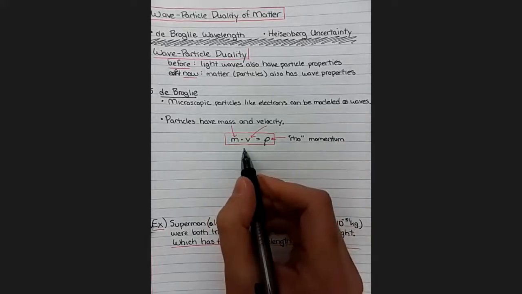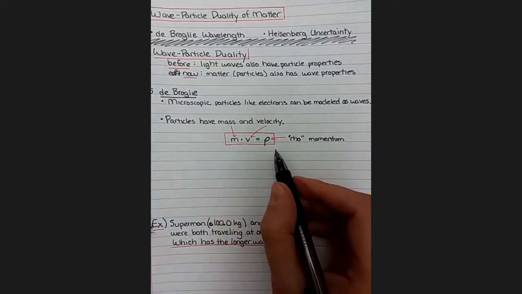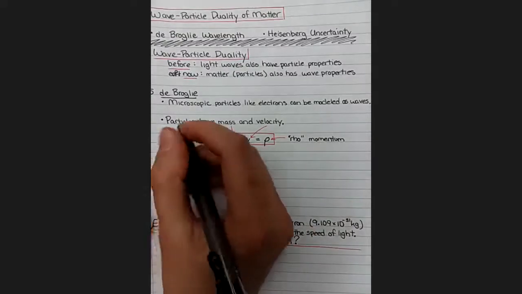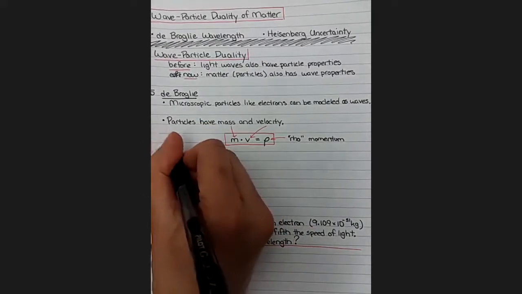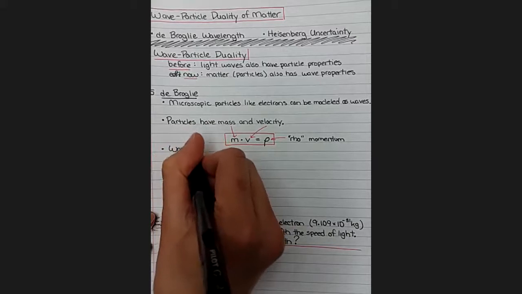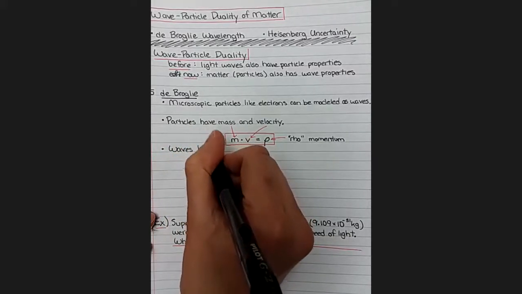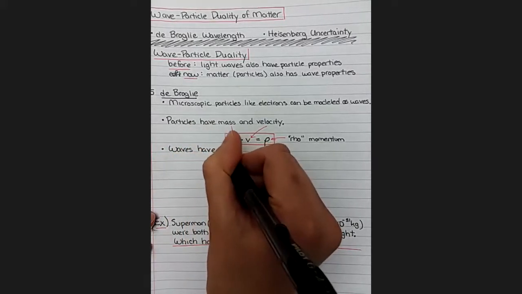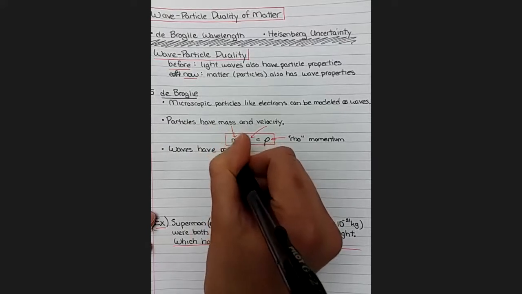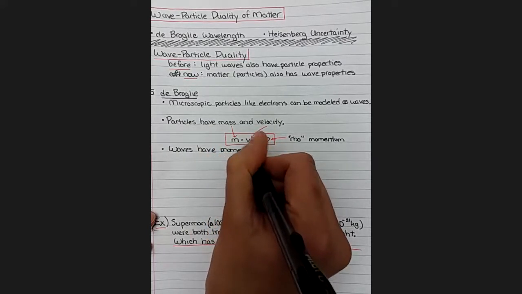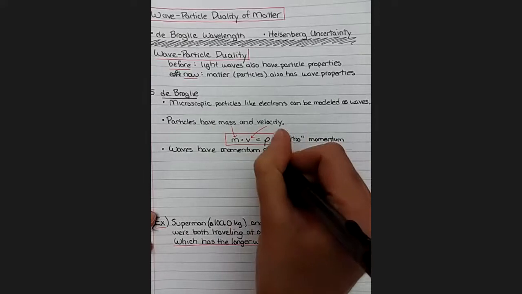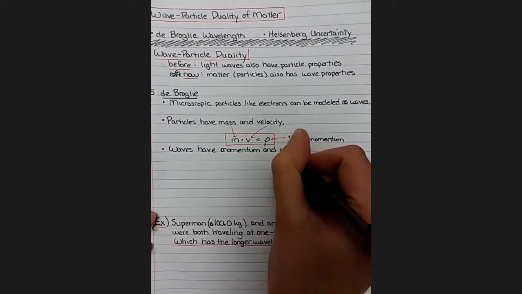So mass and velocity are particle properties. Momentum is more of a wave property. So waves have momentum and wavelength.